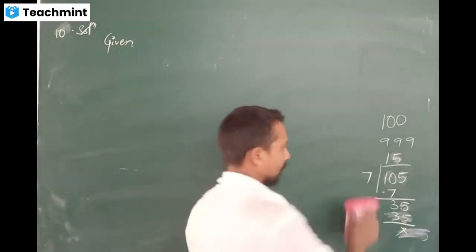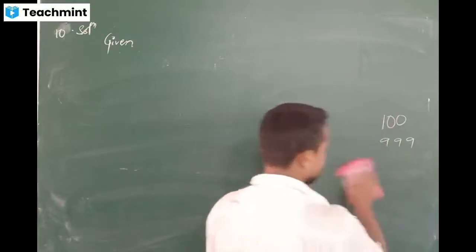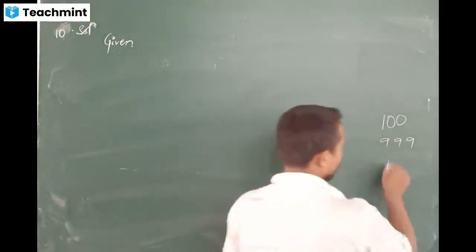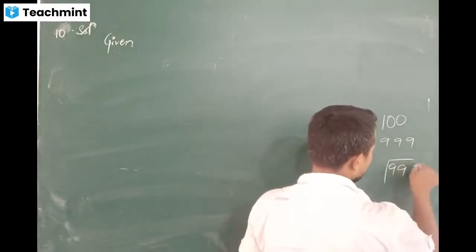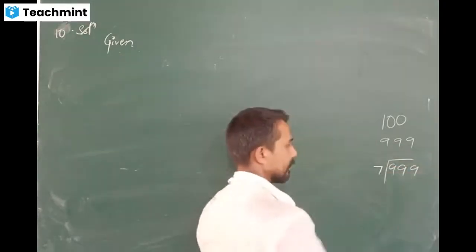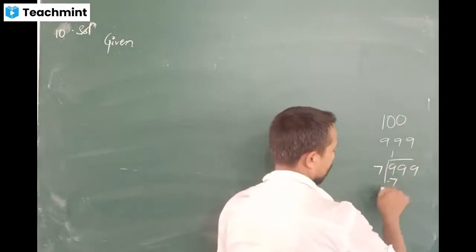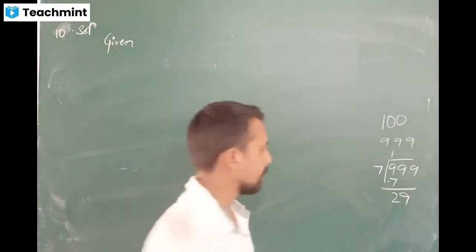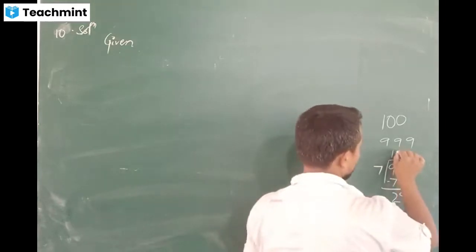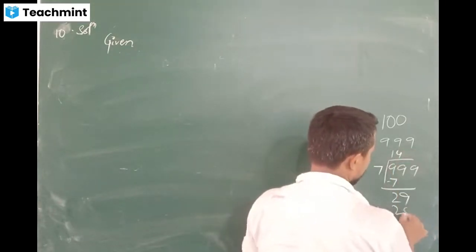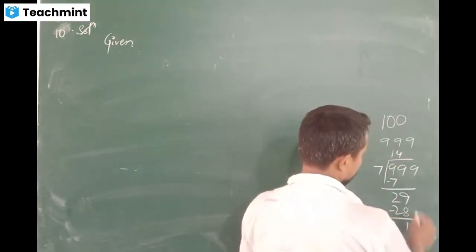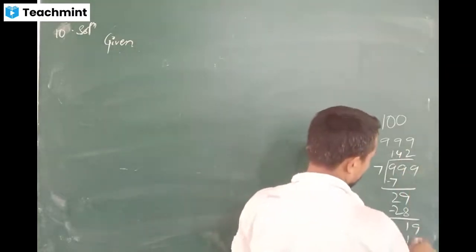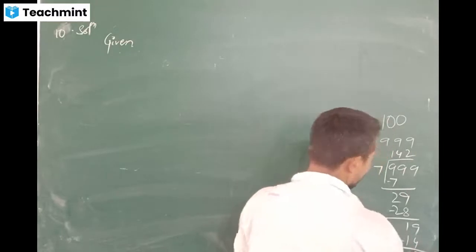Similarly, we can find the highest three-digit number that is divisible by 7. Divide 999 by 7: 4 times 7 is 28, 19, 2 times 7 is 14, we have 5 left.